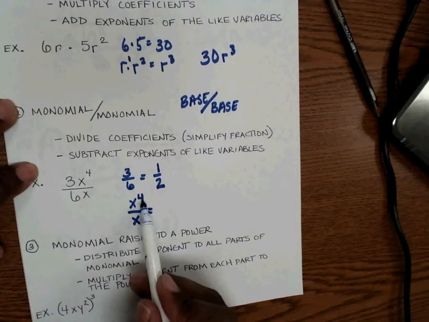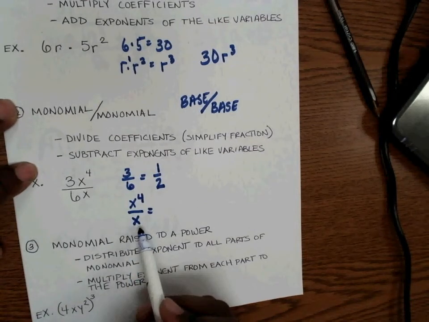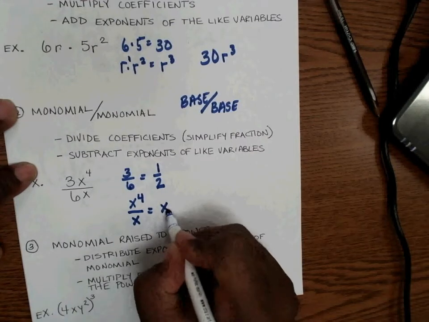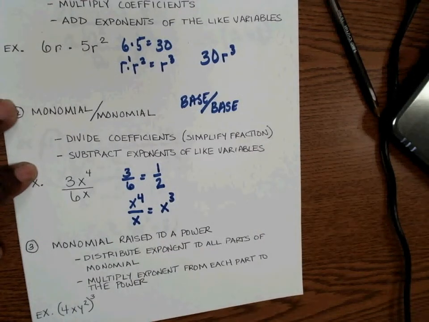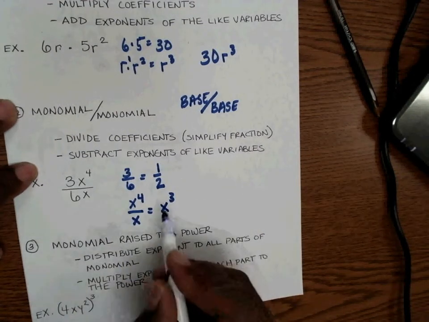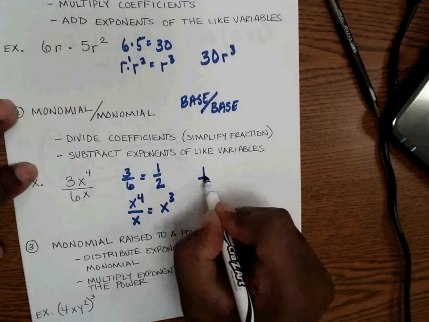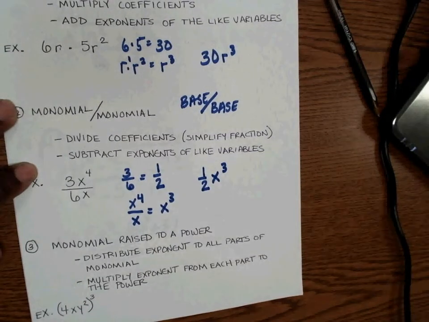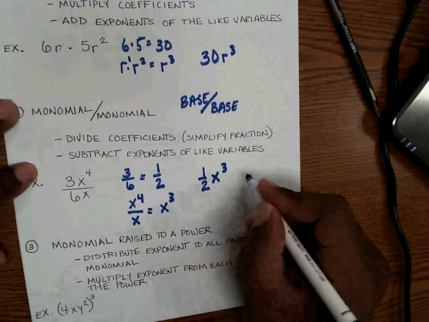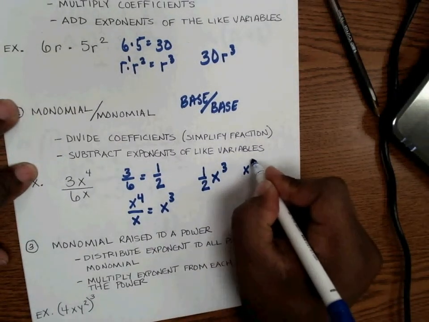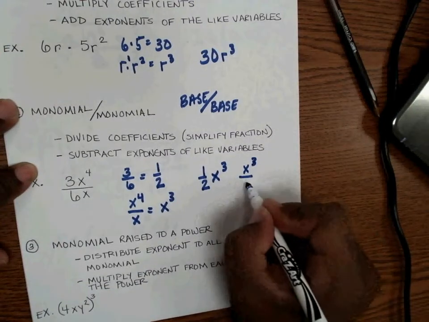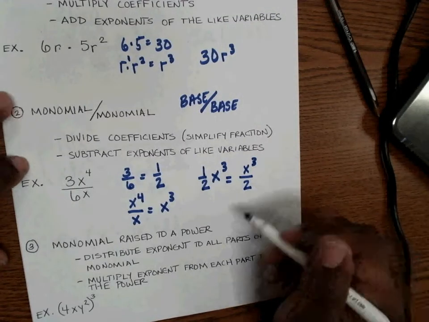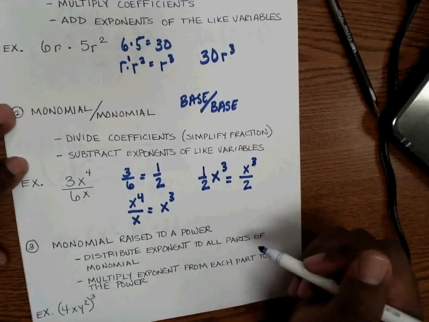Okay, we have 4 x's on the top, 1 on the bottom, so that would give us 4 minus 1, x to the third, giving us our answer as 1/2 times x to the third. This may also be written as x to the third as the numerator and 2 as the denominator. Both of these are synonymous, and both answers would work.